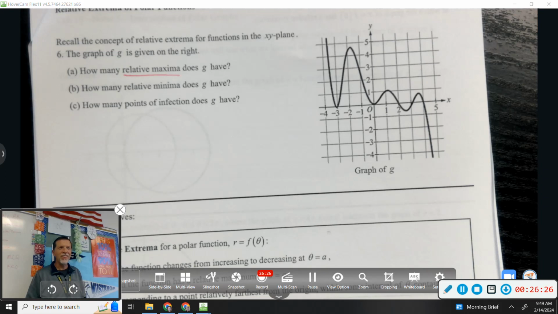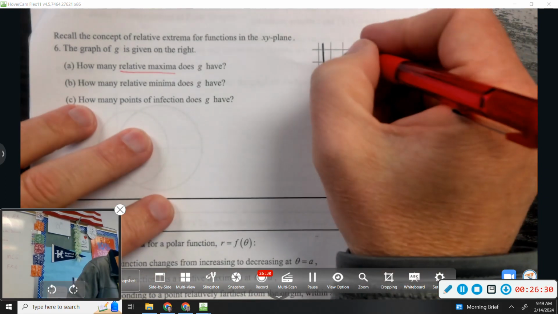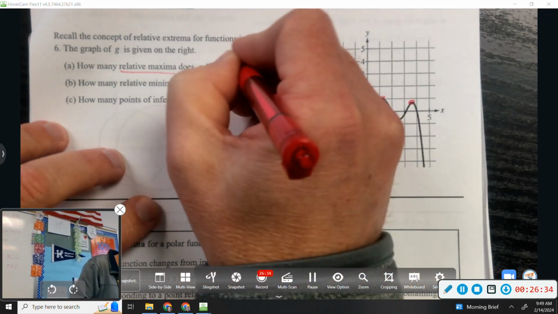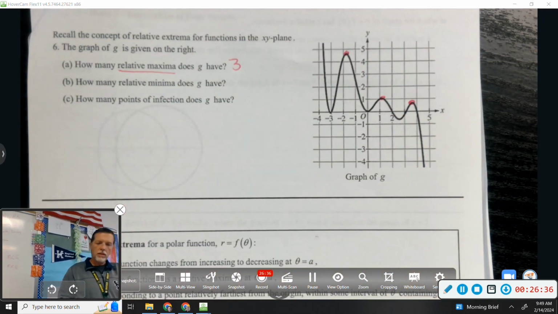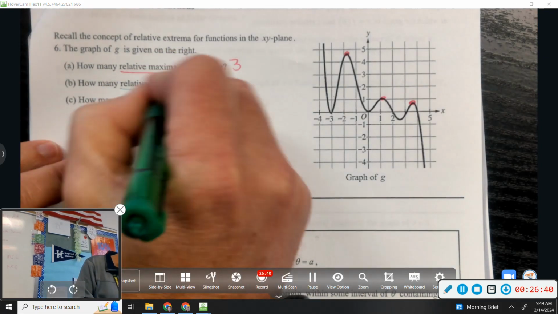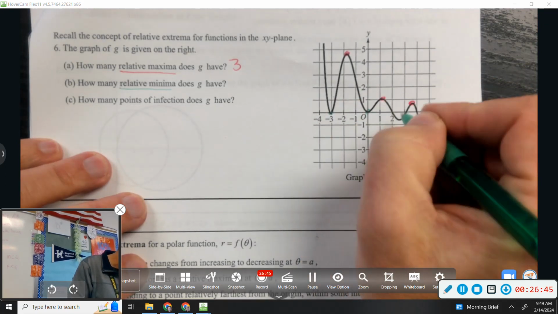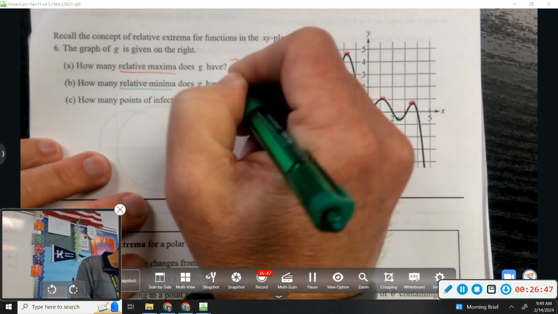People are like, oh, 3? I'm so confused. Fractions have fried my brain. 1, 2, 3. 3 peaks, so 3 relative maximums. How about relative minimums? So valleys, 1, 2, 3. Also 3.